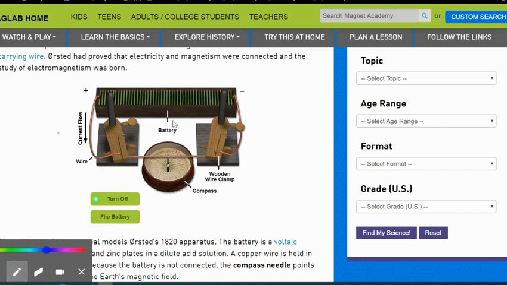Notice what's happening to the current flow that they show here, and notice what happens to the compass. When the current is in one direction, the compass indicates a certain direction of the magnetic field. If we flip the battery, then now the current's going the other way, and the needle's pointing the other way.